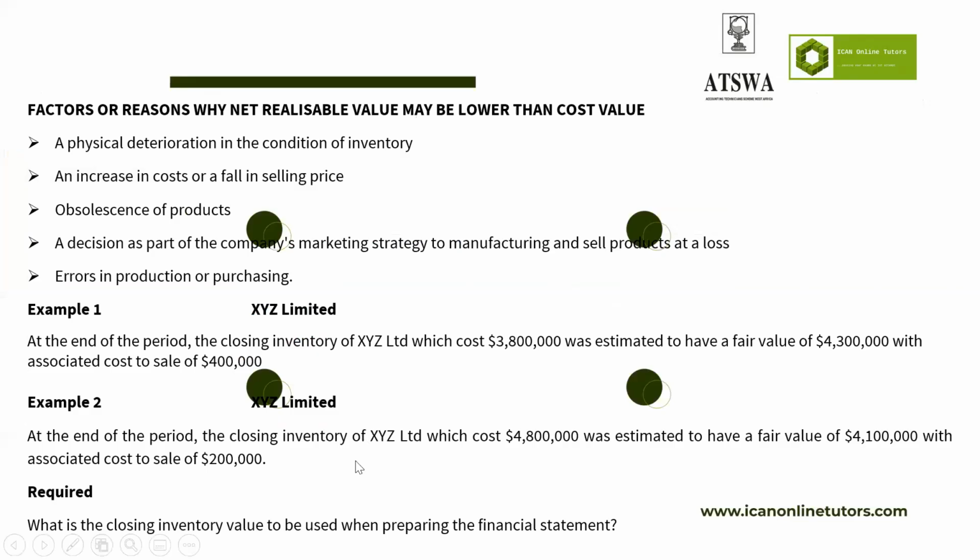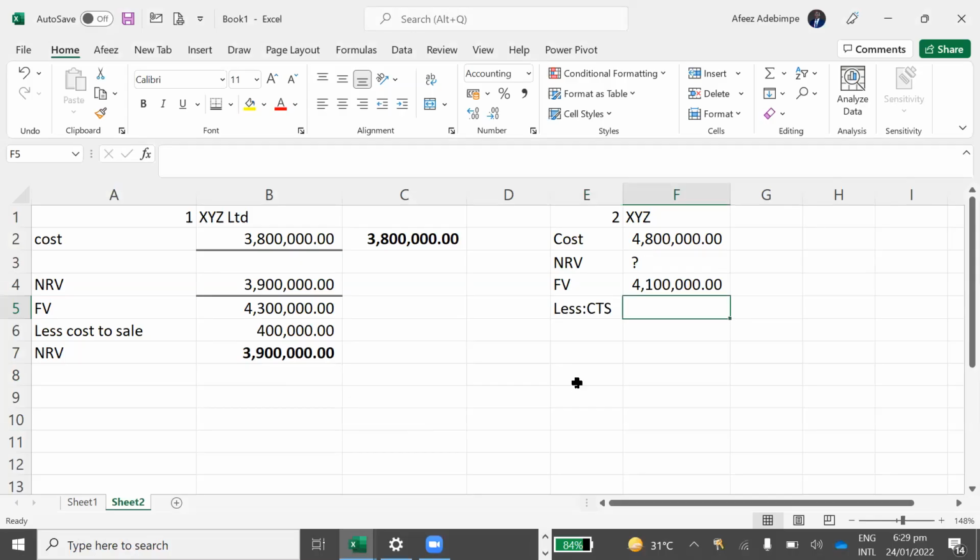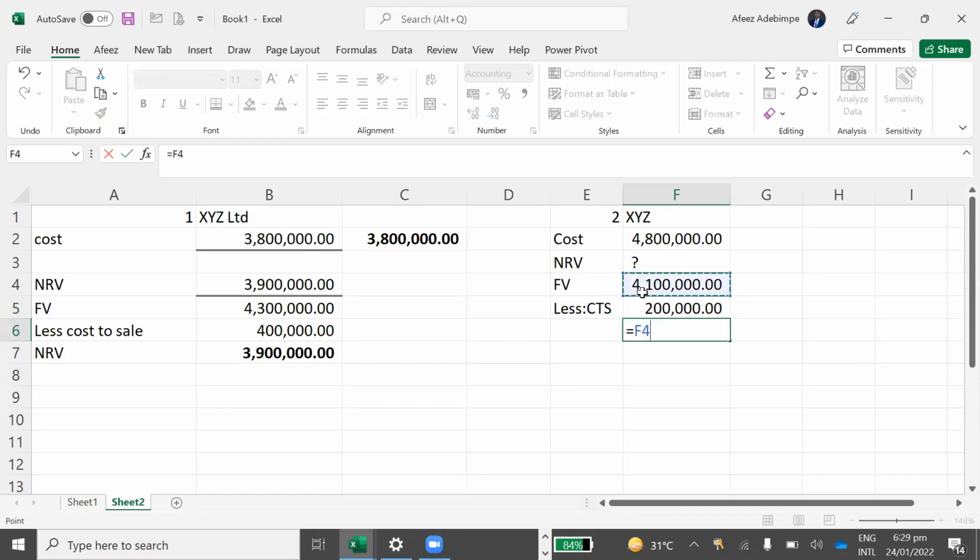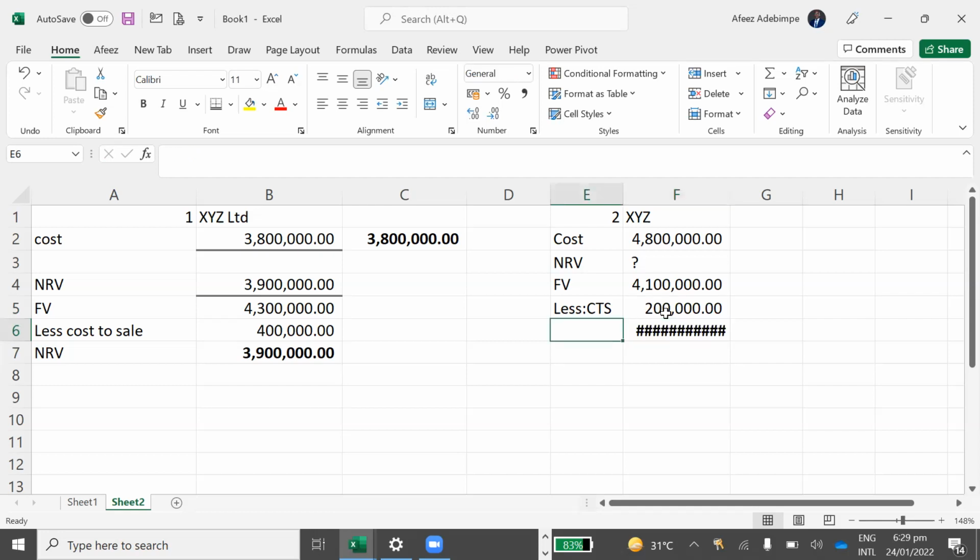Cost to sell is $200,000. Fair value less cost to sell will give me what? NRV. You give me NRV.